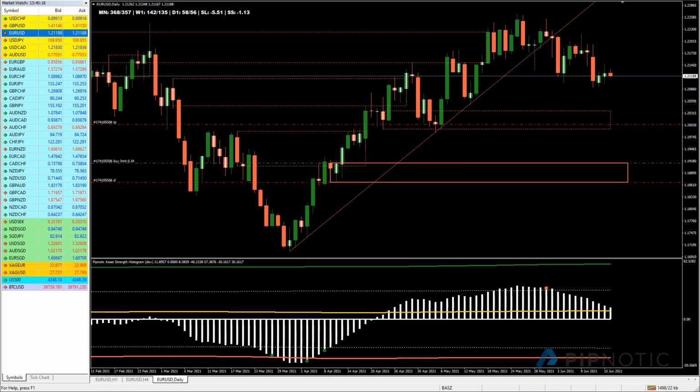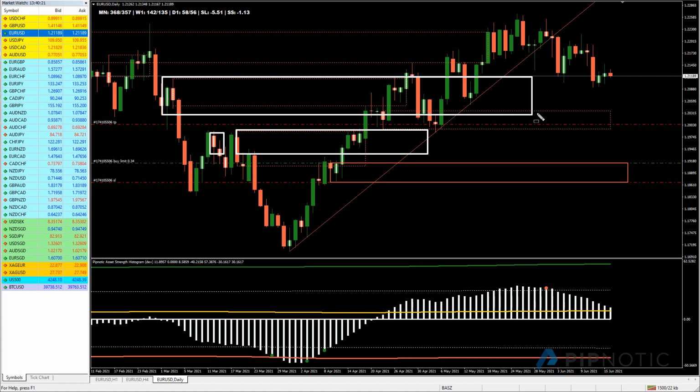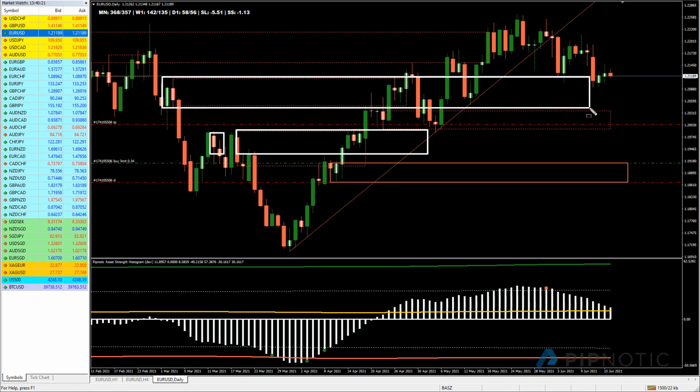Looks like we have a level marked off here, and that's because if we use this, we had this, which is not a great area because price has already been up to this area. This one's much nicer here, and this one was removed.